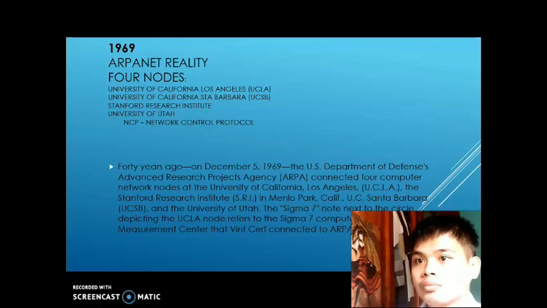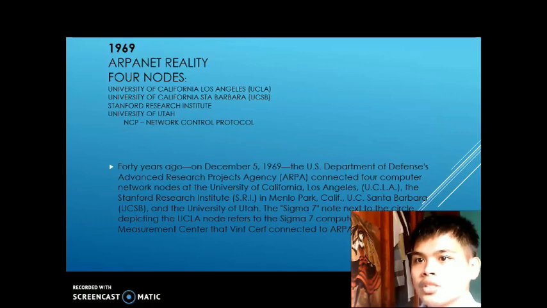ARPA connected four computer network nodes at the University of California, Los Angeles, UCLA, the Stanford Research Institute, SRI, Menlo Park, UC Santa Barbara, and the University of Utah.